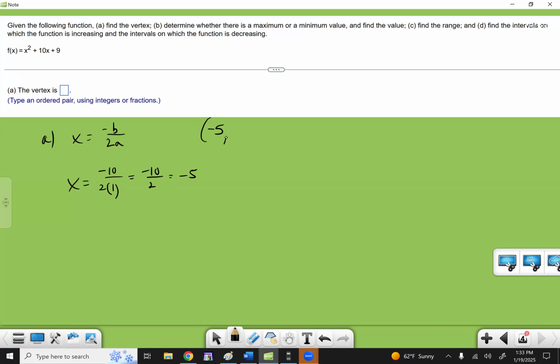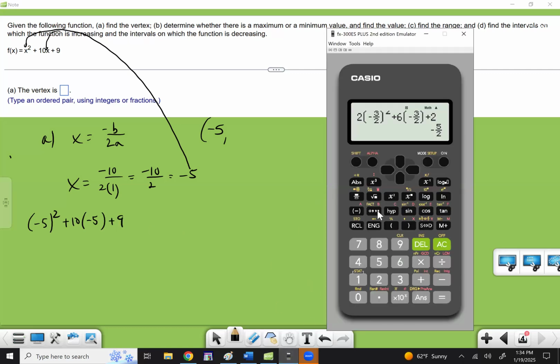our vertex. Now we're going to take that negative 5 and substitute it in for every single x. When you substitute in, don't forget to use parentheses. Get in that habit of using parentheses every time you substitute. Otherwise, when you go to your calculator, you will end up getting the wrong answer.